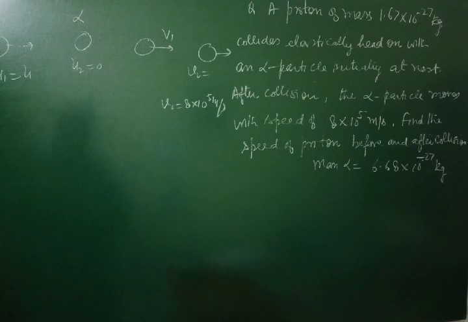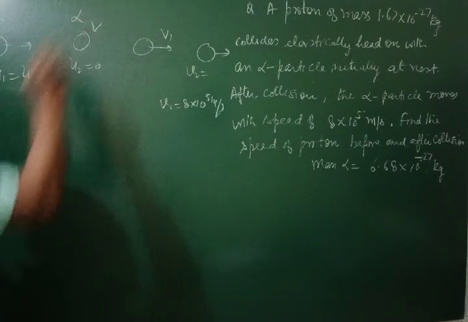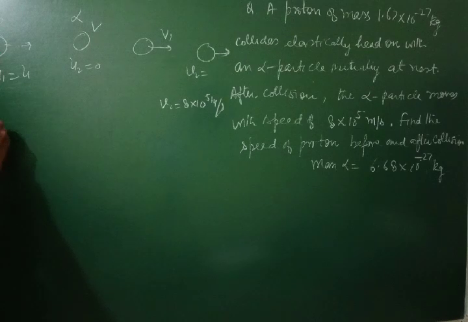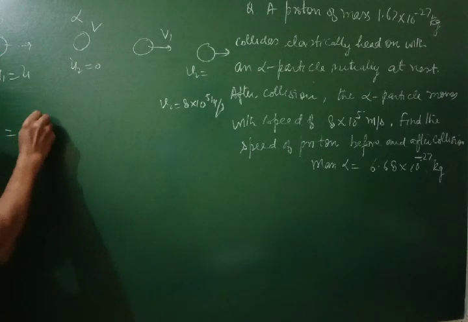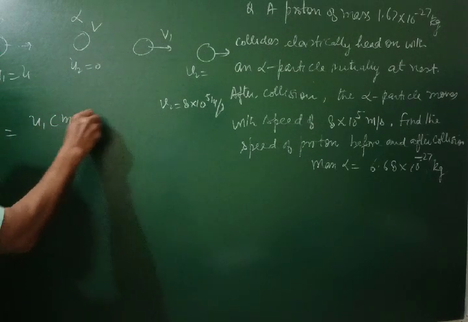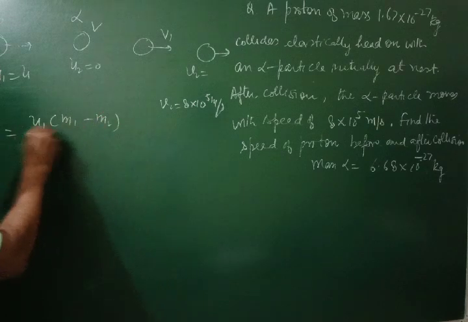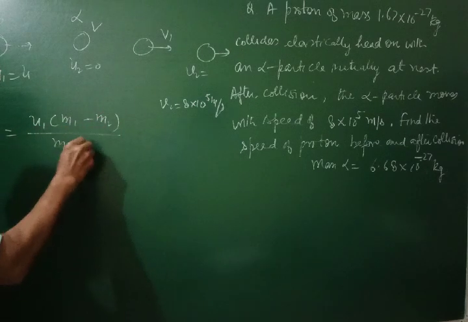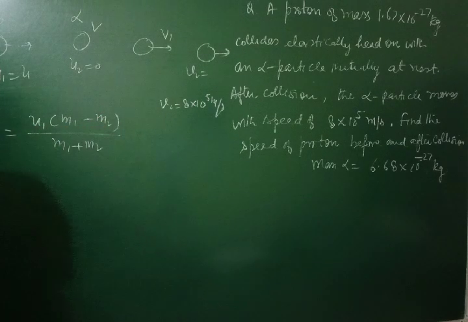I told you that when u2 is 0, then v1 is equal to u1 times (m1 minus m2) upon (m1 plus m2). Do you remember this or not?